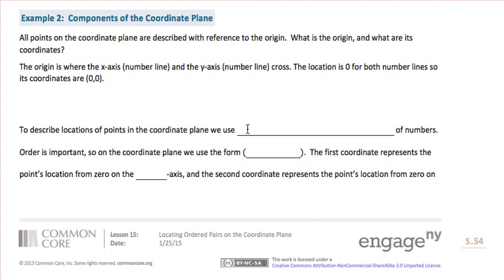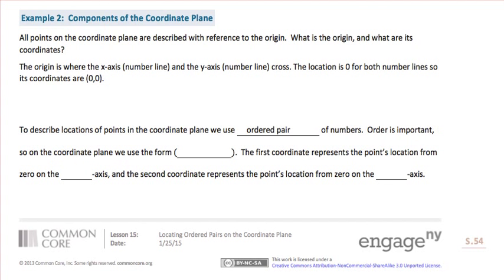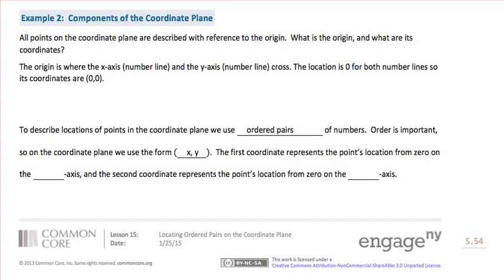To describe locations of points in the coordinate plane, we use ordered pairs of numbers. Order is important, so on the coordinate plane we use the form x, y. The first coordinate represents the point's location from 0 on the x-axis, and the second coordinate represents the point's location from 0 on the y-axis.